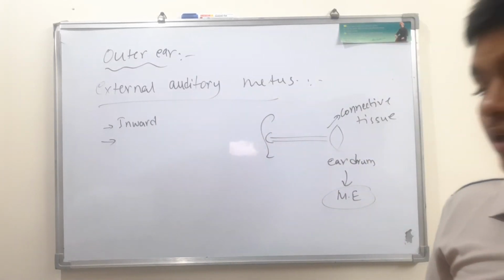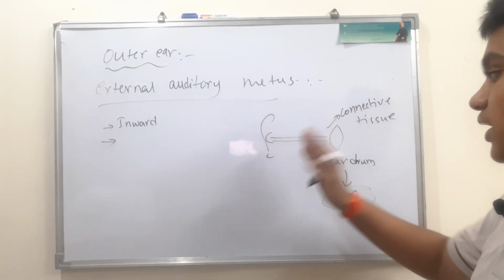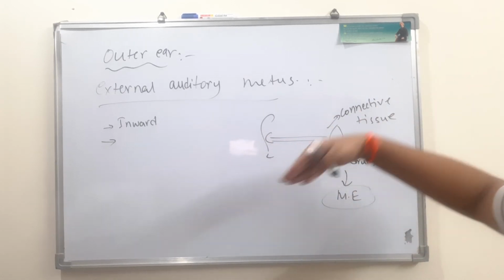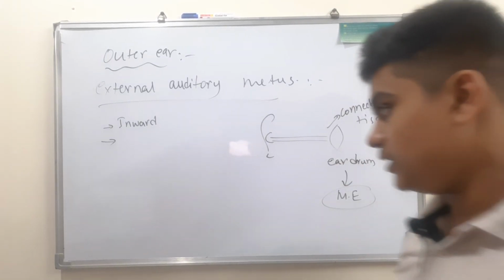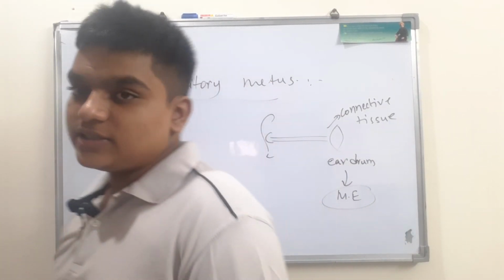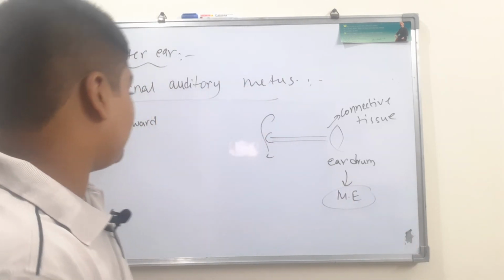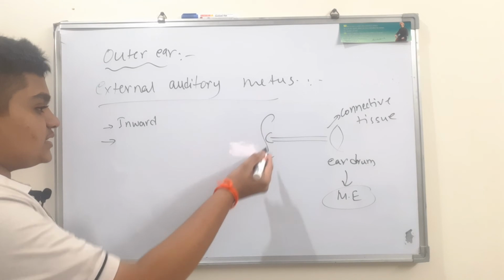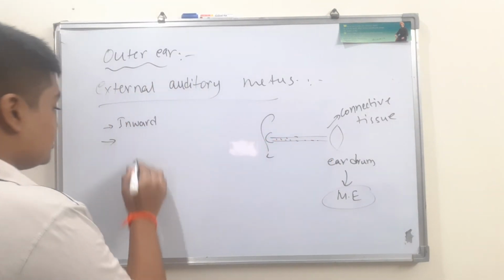This external auditory canal extends inward from the external ear, the external pinna, to the tympanic membrane or the eardrum. This tympanic membrane is made up of dense connective tissue. Now this canal has small hair-like structures and mucus.